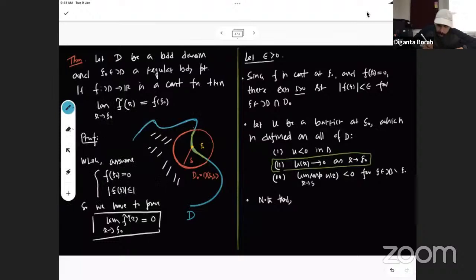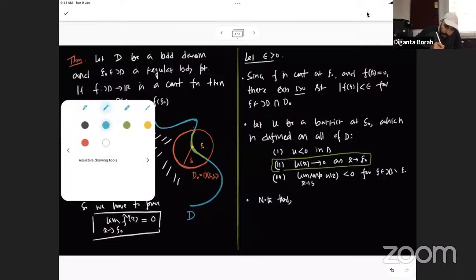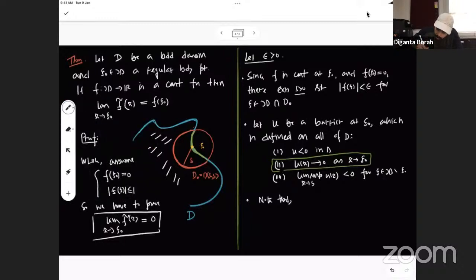So what is happening here? U is continuous here, and on this circular arc, u is continuous and negative, right? And on the blue part of the boundary, the lim sup is strictly less than 0. So note that on D bar minus this D naught, this function u is less than or equal to some negative number.